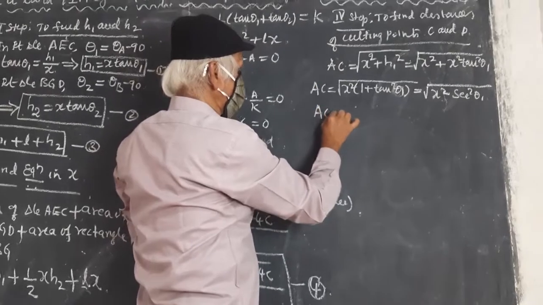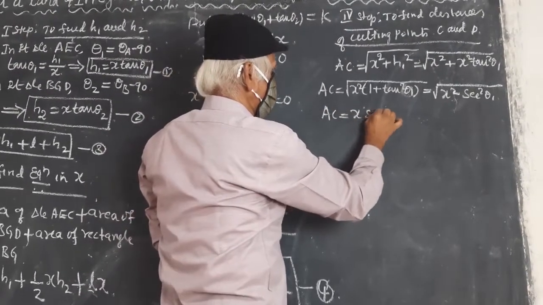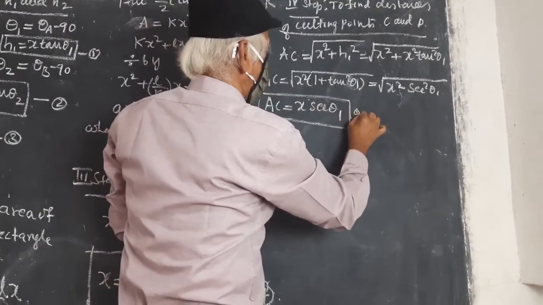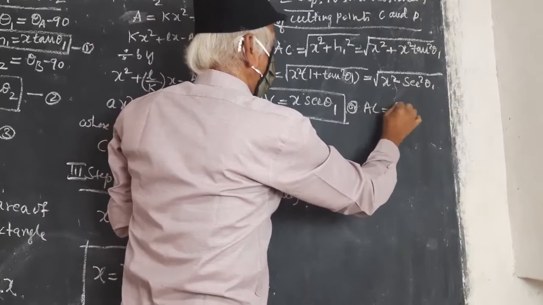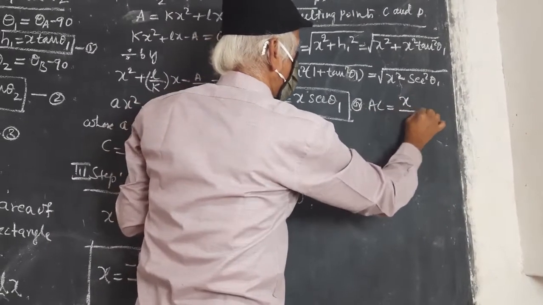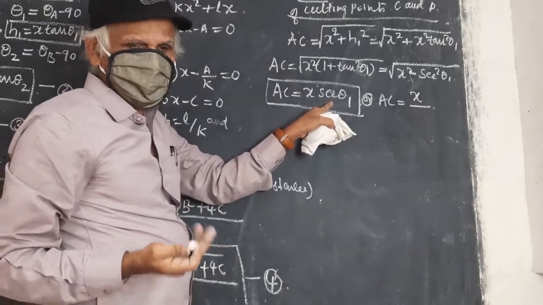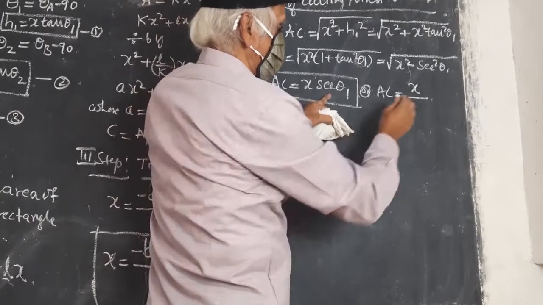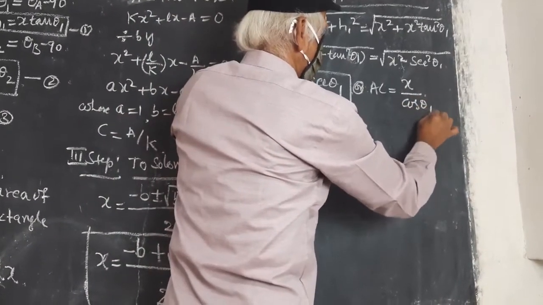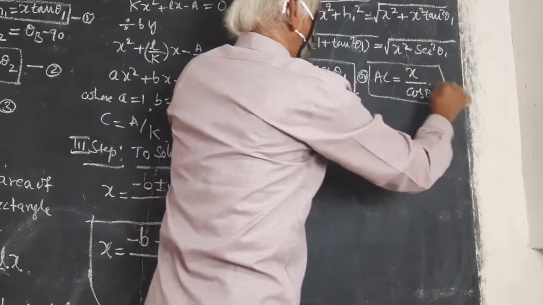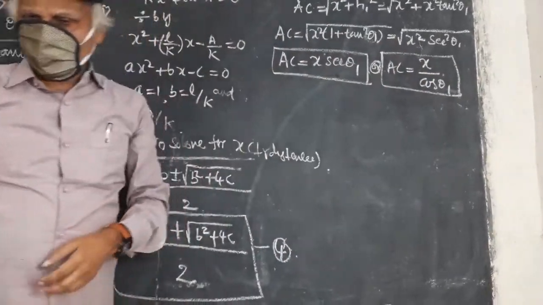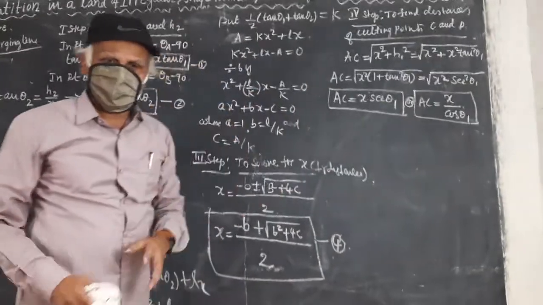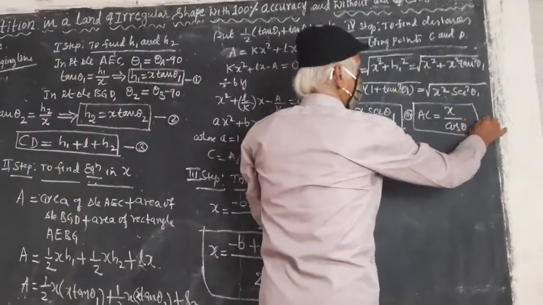So thus AC will be X secant theta 1. Since secant theta is the reciprocal of cos theta, one can write AC also as X into 1 over cos theta 1, or X by cos theta 1. So to find the distance of the first cutting point C from A, you can use either of these formulae. Call this equation 5.